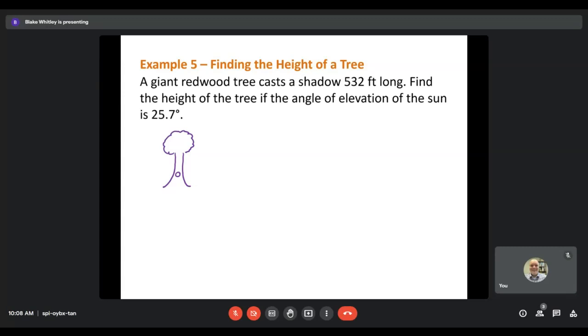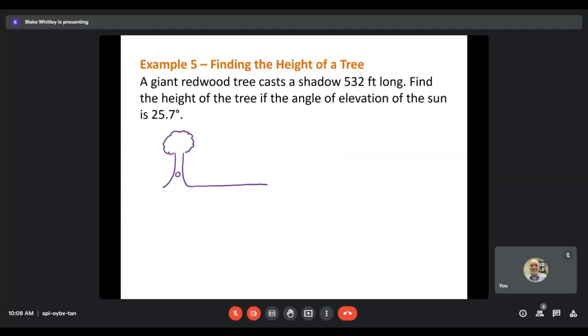Now, we know that the sun is going to be somewhere up in the sky and it's casting a shadow, right? So basically, the shadow itself is going to be along the ground. Okay, so I'm going to have my shadow somewhere along the ground, that's cast by that tree. Now, the angle of elevation of the sun is going to be 25.7 degrees, which means if I'm standing at horizontal and I'm looking up at the sun, that angle is 25.7.